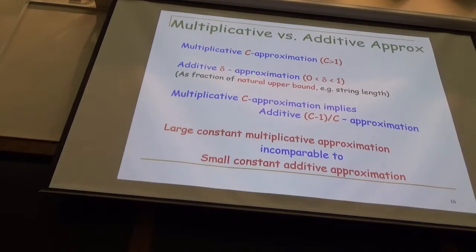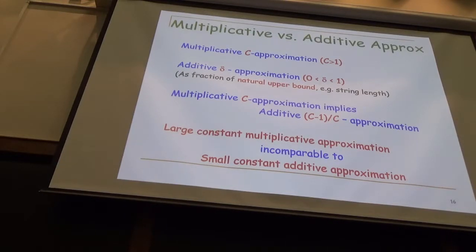Then there's additive approximation. In that case, we have a normalization of the answer. For example, the edit distance between two strings of length n is some number between 0 and n. So if we normalize by n, the length of the string, we get a number between 0 and 1. And then we can ask to approximate that number to within some additive error.